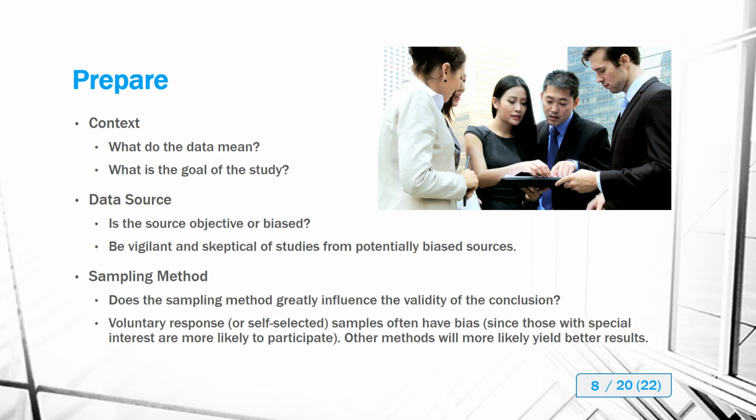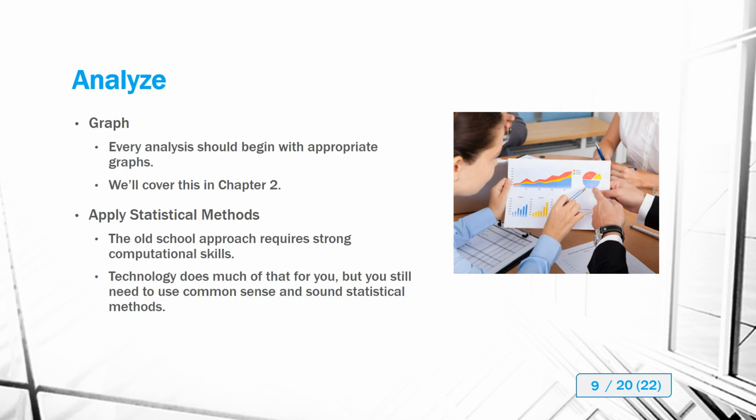If you're taking a survey, but you're only taking surveys from people who volunteer to participate in the survey, well, those often have bias, since those with a special interest in participation are more likely to participate. There are other ways to get better results, and we'll talk about some of those sampling methods again in a future lecture.